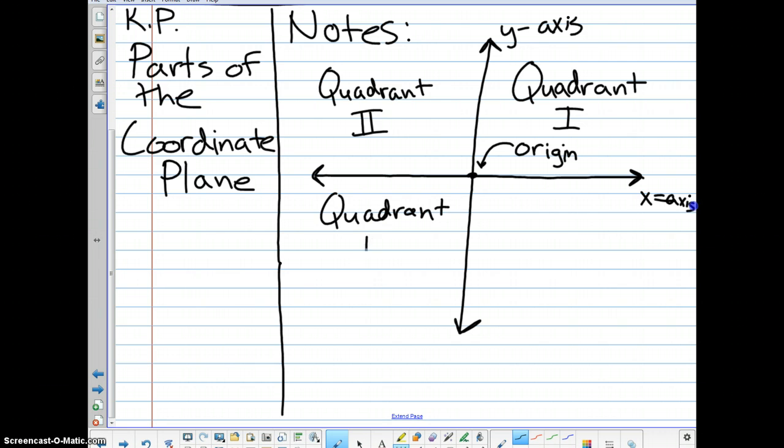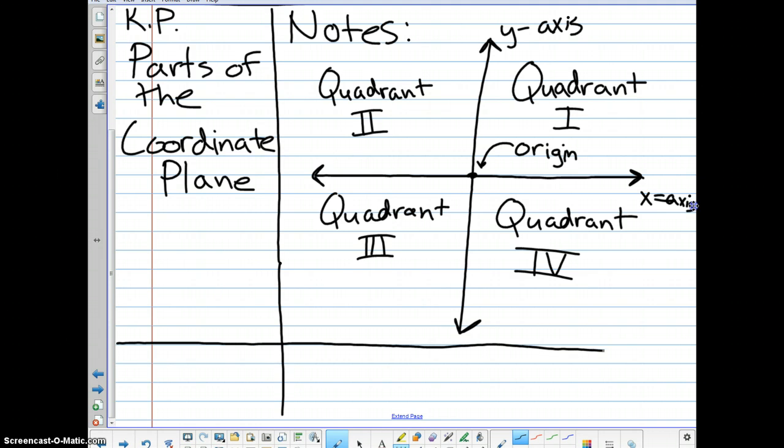Quadrant 3 is down here, and quadrant 4, which is capital I and then a V. So those are the main parts of the coordinate plane that we have to understand in order to communicate with one another what we're talking about when we're talking about equations and other things like that in algebra.